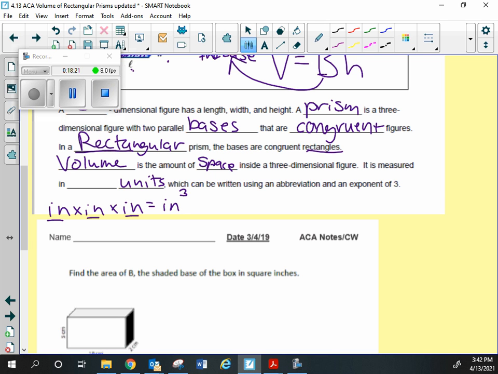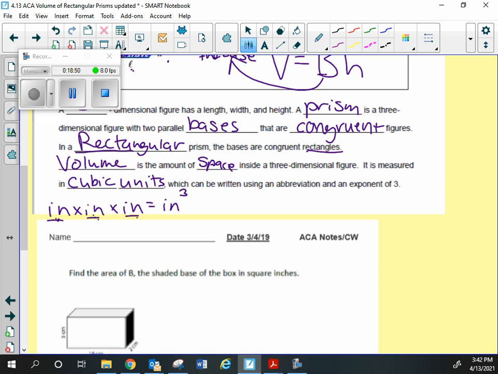And how do I say that? I would say cubic. That's why area is units squared, because it's a length times a width, for example square inches. Volume is three-dimensional, so it's to the power of 3.